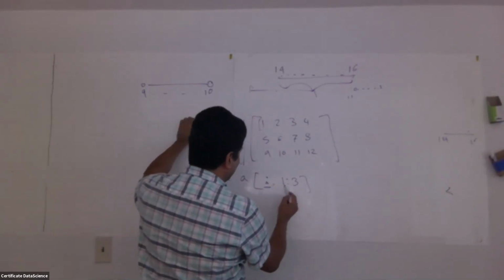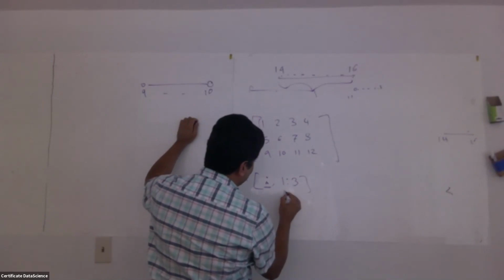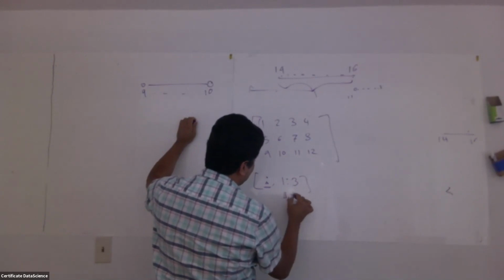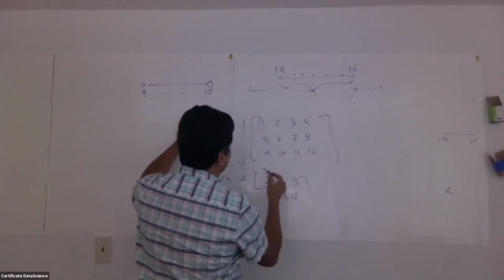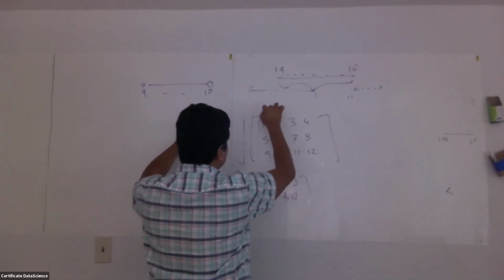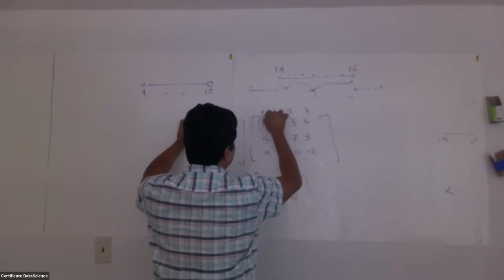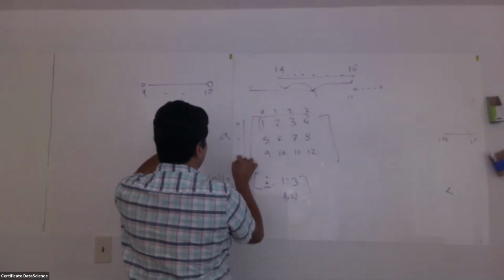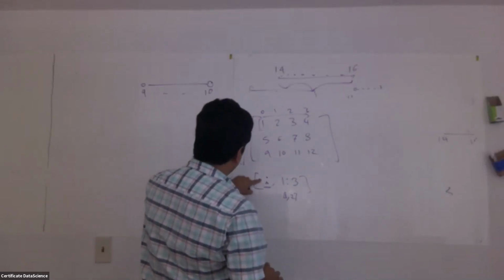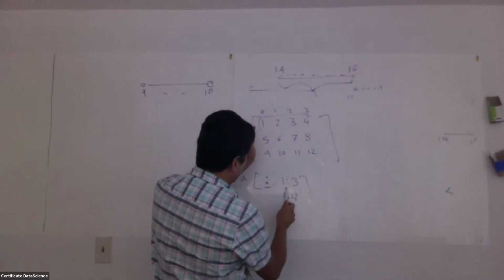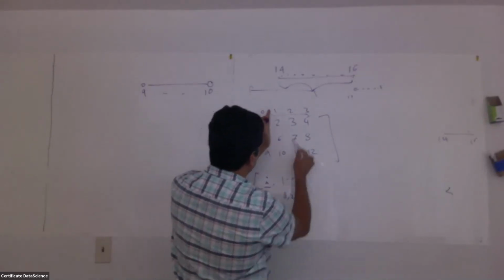So 1 and 3 tells me I should be focusing on columns 1 and 2 because 3 is excluded. These are the columns 0, 1, 2, 3. Rows are numbered 0, 1, 2. So all rows, and columns 1 and 2.